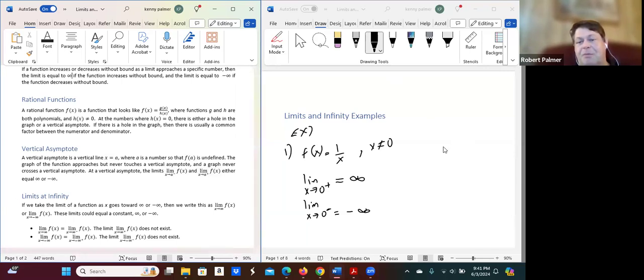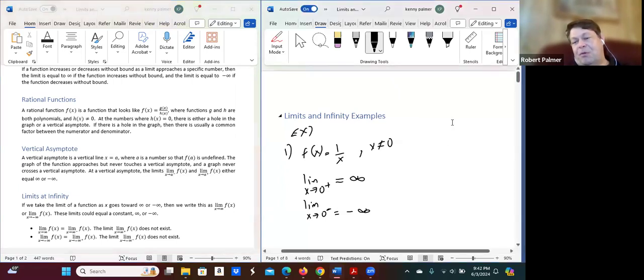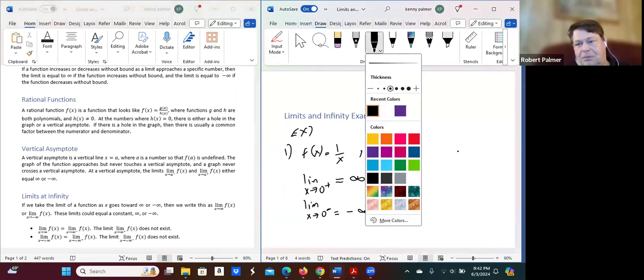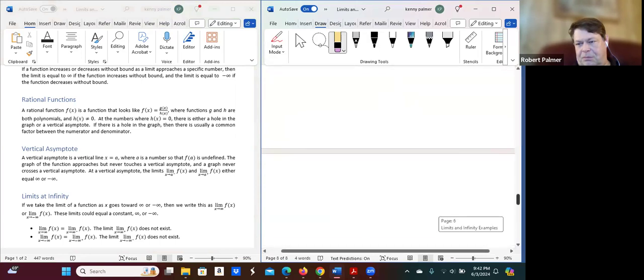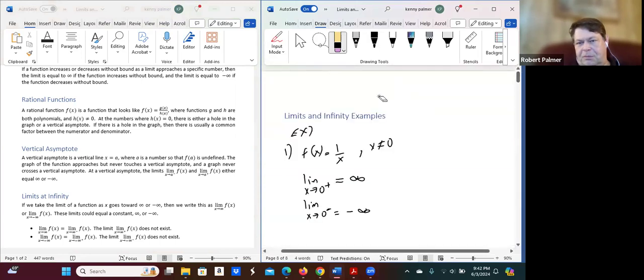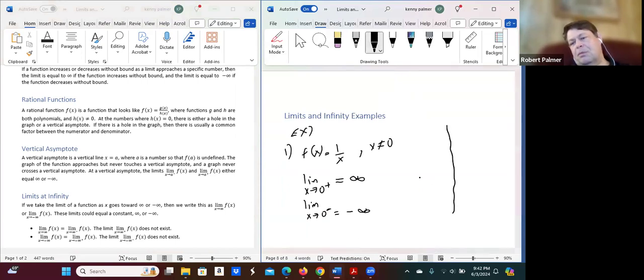So for example, back to our example of 1 over x. If I think about the graph of 1 over x, the graph looks like this, and I'll show this on Desmos again.